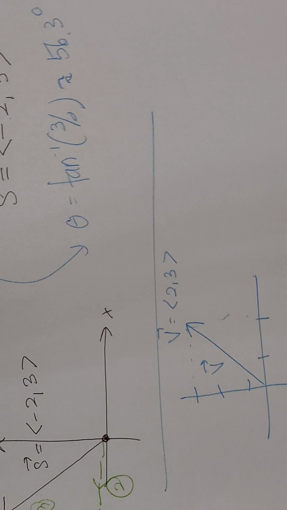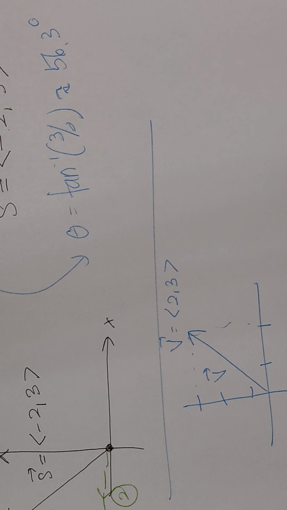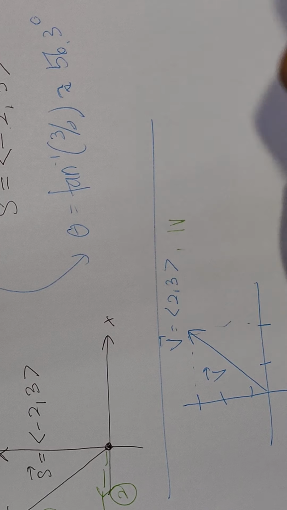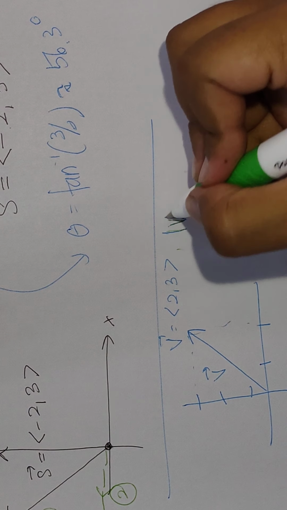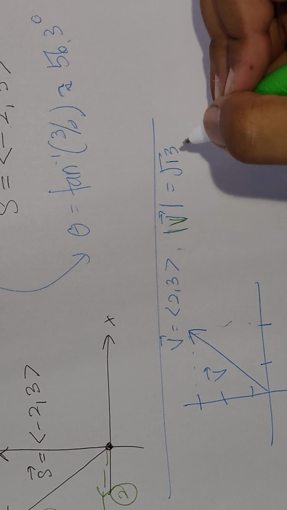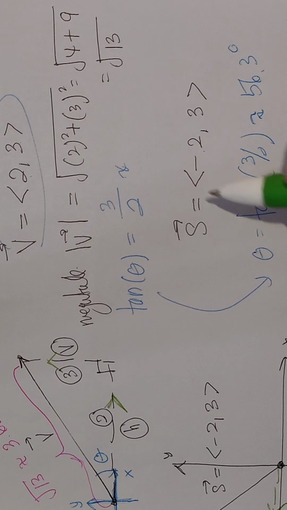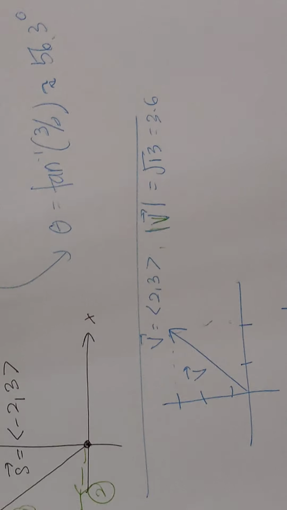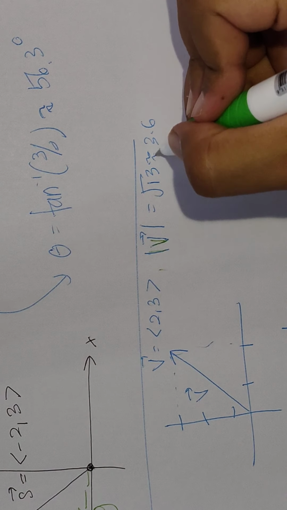Okay. What is a unit vector? A unit vector is a vector that has a magnitude of 1. However, for this vector, the magnitude is the square root of 13, which is approximately 3.6.